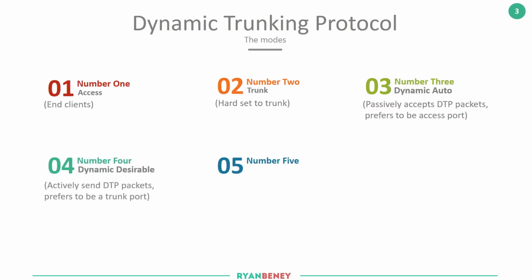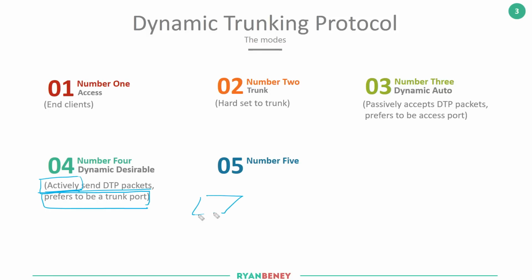Now the opposite of dynamic auto is dynamic desirable. And desirable has the key word there of active. So instead of passive, we have this thing called active, and it actively sends DTP packets. So it will try to become a trunk.